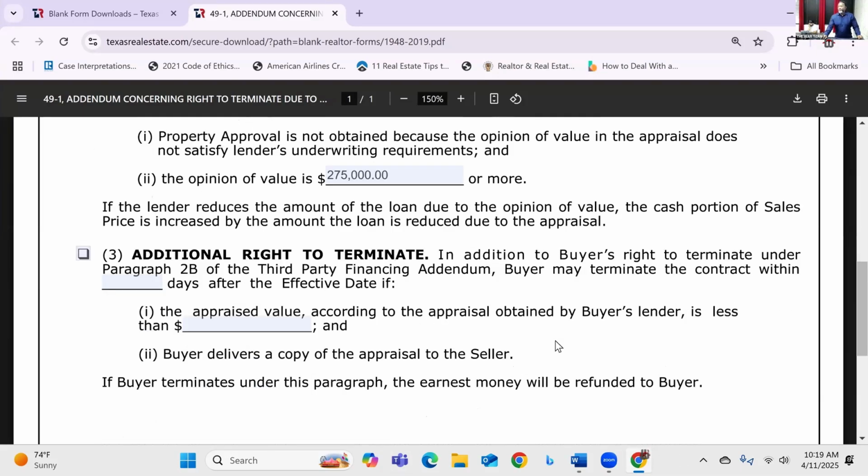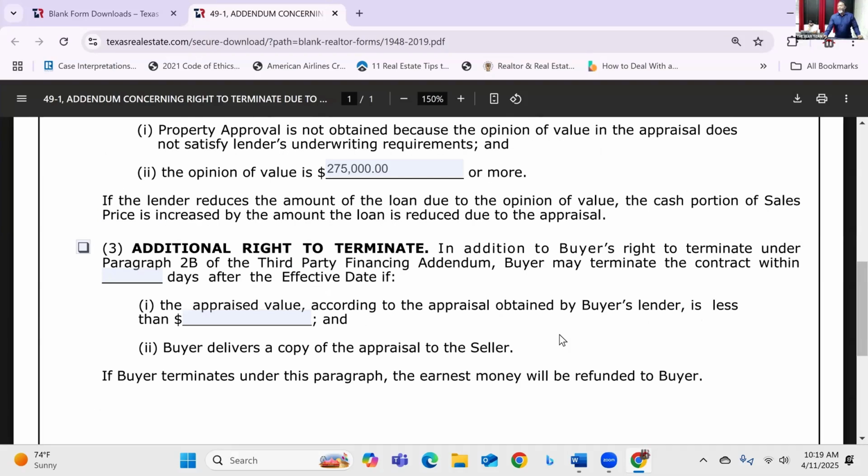Now the third one. To me, the third one is similar to what's already in the third-party financing addendum in paragraph 2B. It's very similar, but you're adding an additional right.